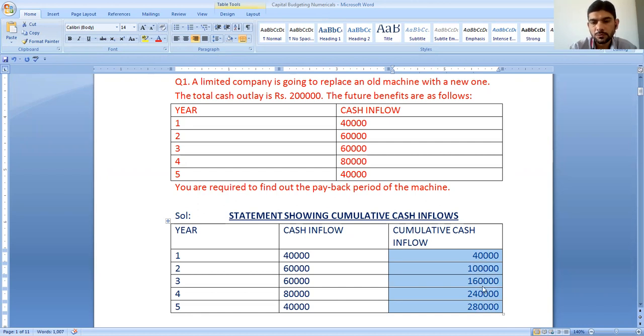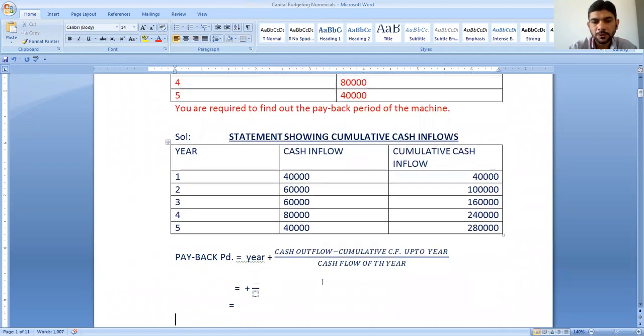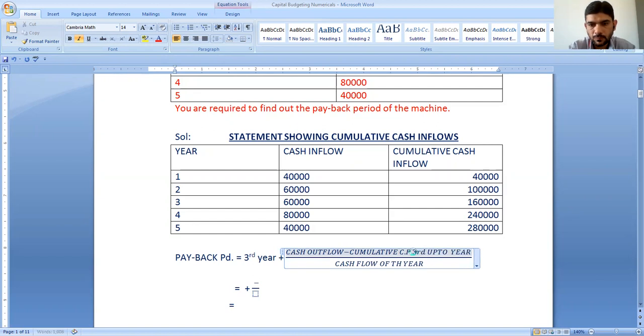So we will arrive to the formula, and the formula is it will be returned in the third year. Now put third year over here. Third year. Now for the numerator value, cash outflow minus cumulative cash flow up to third year, divide by cash flow of the fourth year.